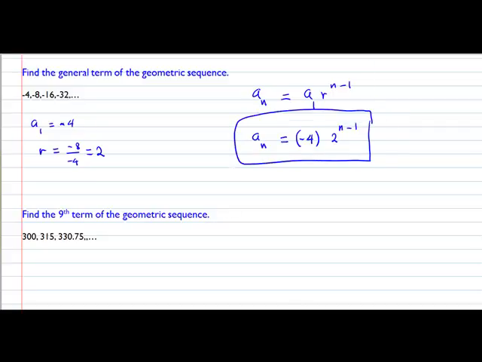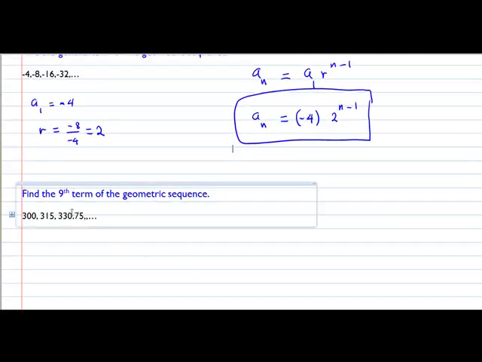Next one, I want to find the ninth term of a geometric sequence. This is a sequence here that starts out with 300, 315, 330.75, and so on, and we want to find term number 9. Now to do that, first we have to find the general term of this sequence by using this formula.